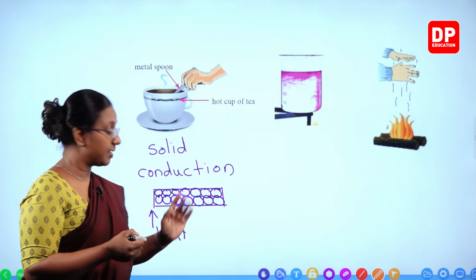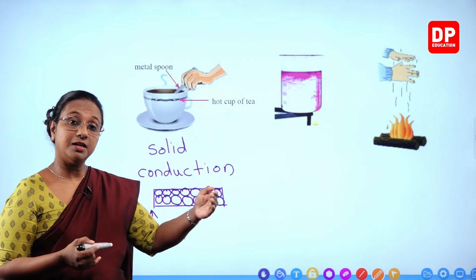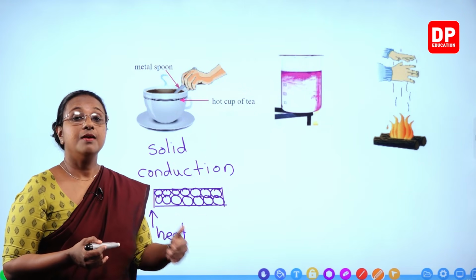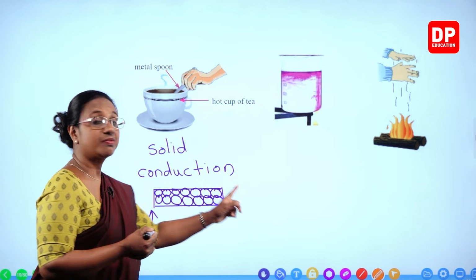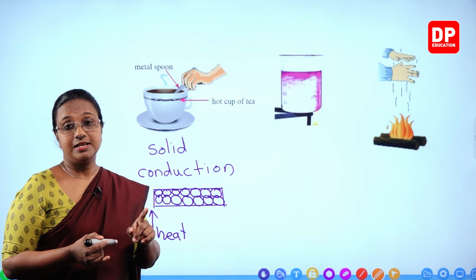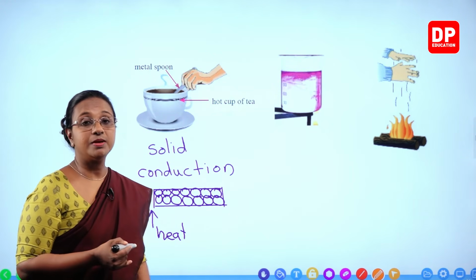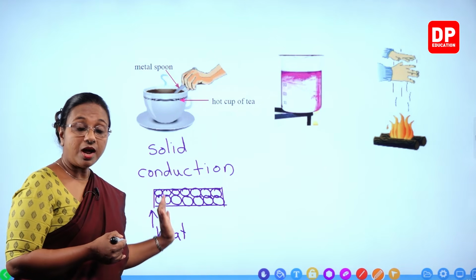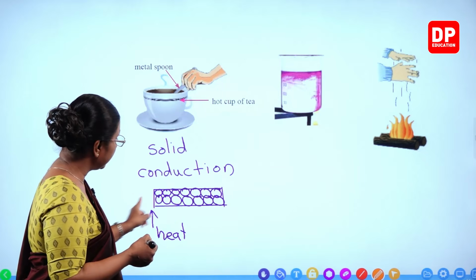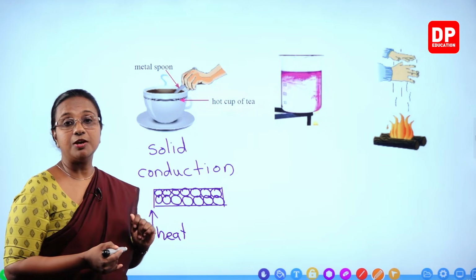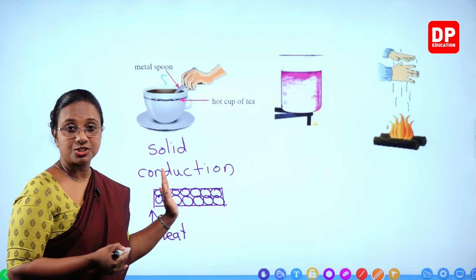And due to this vibration, they make the other particles also vibrate. When particles start vibrating like that, they transfer the kinetic energy, and by transferring the kinetic energy, they transfer heat. So transfer of heat due to the vibration of particles in a solid is what we call conduction. So in solids, it is conduction.